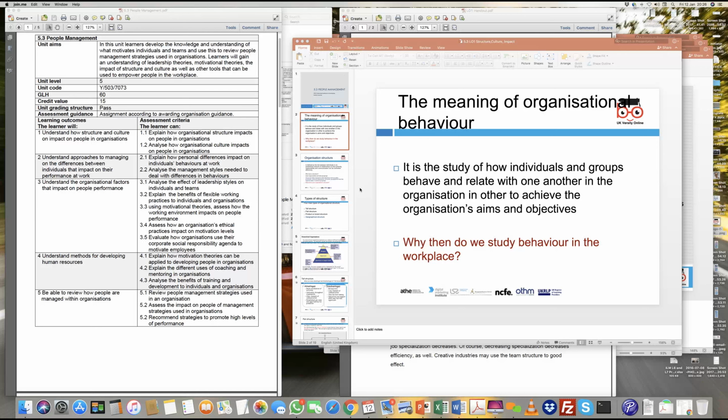And this particular concept is quite important because to a certain extent the behavior of the individuals also portrays a type of organizational structure to people outside the organization.